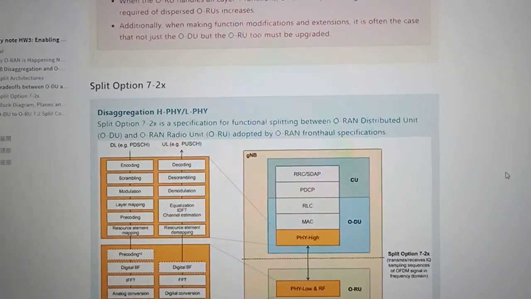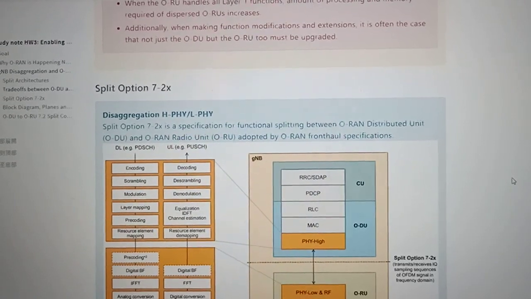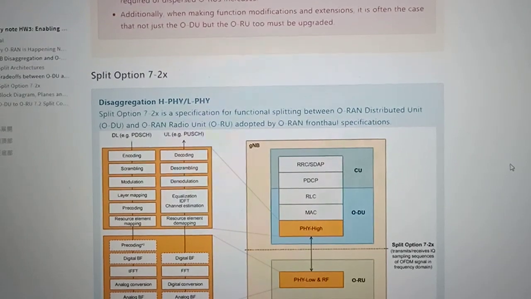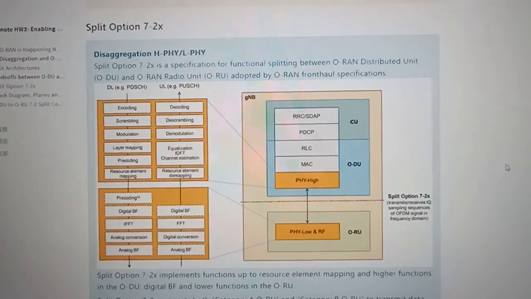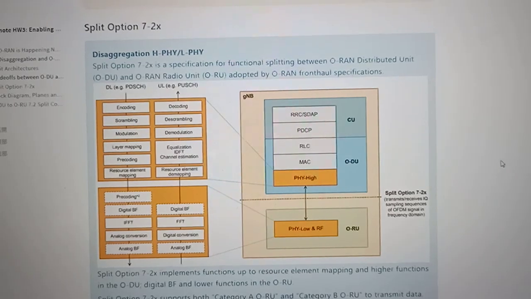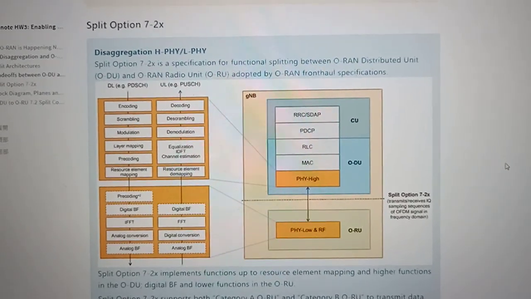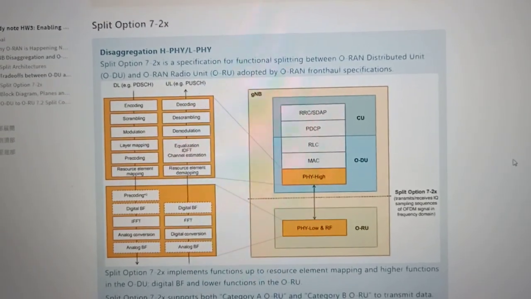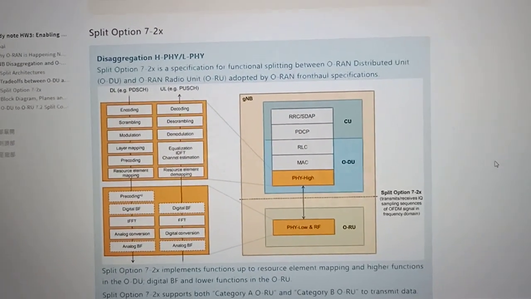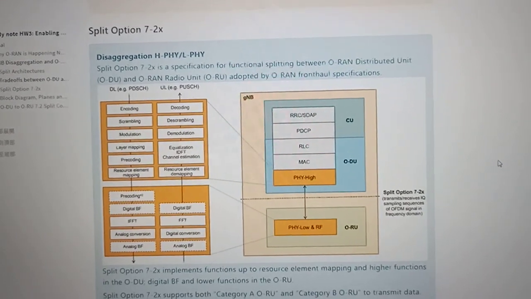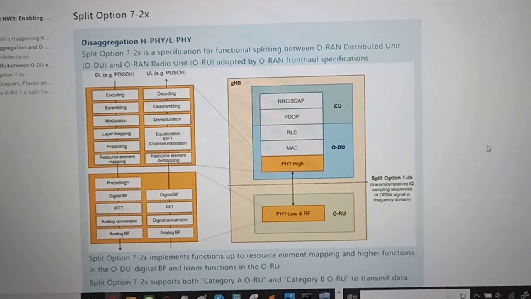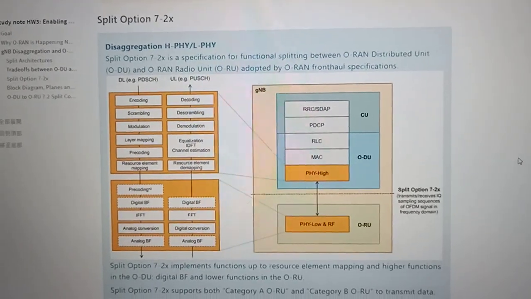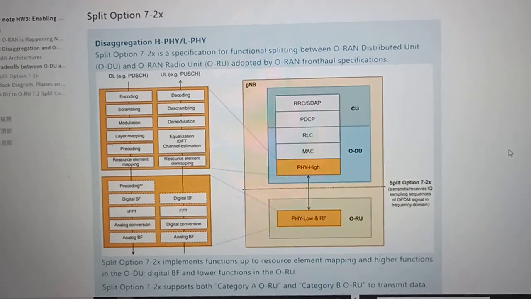So for O-RAN, they decided on split option 7.2x to be their Fronthaul interface, like the figure shows. The option 7.2x actually splits almost equal functions to the O-DU and O-RU.